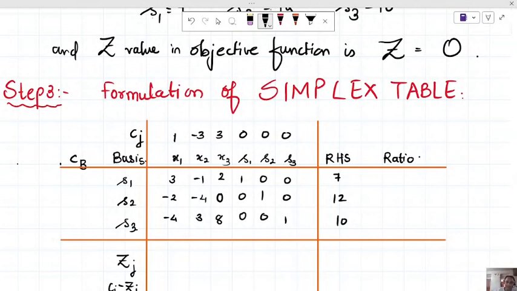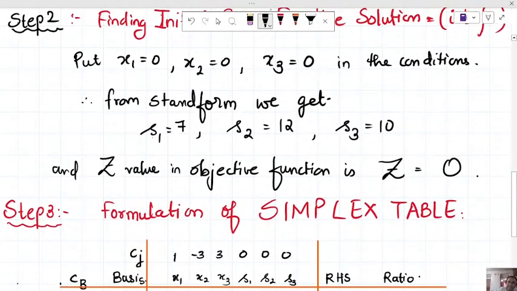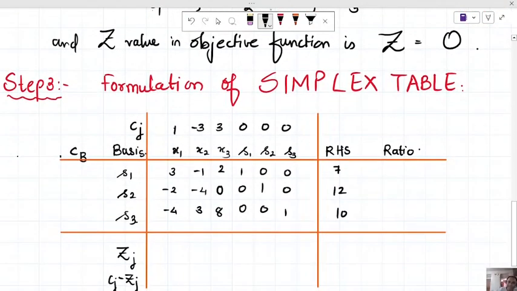And the current basic variables, whom did we take as basic variables? s1, s2, s3, with coefficients 0, 0 and 0. Now starts the game.